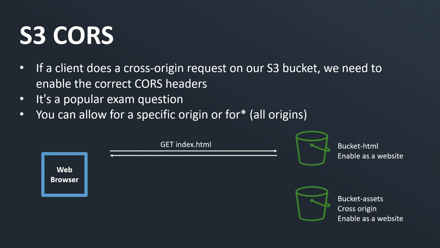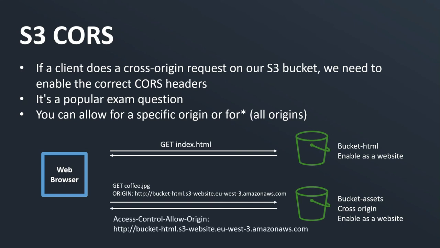So we are going to do a get of index.html, and the website will say, okay, here is your index.html, and that file is going to say you need to perform a get for another file on the other origin. And if the other bucket is configured with the right CORS header, then the web browser will be able to make the request.